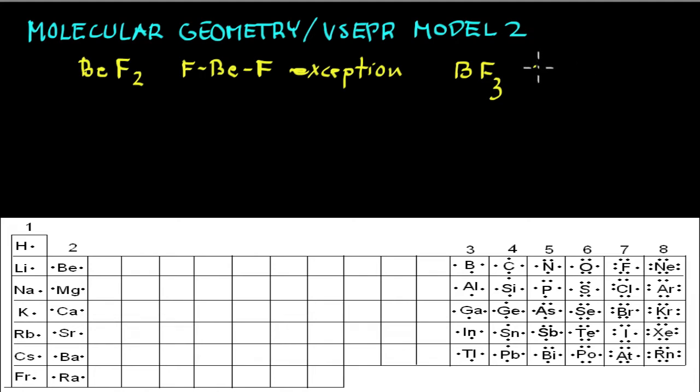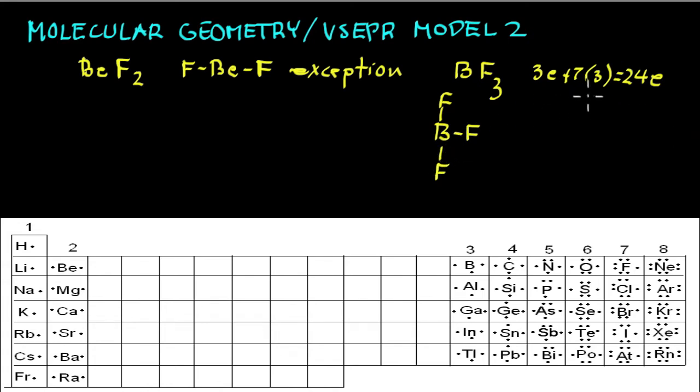It has 3 valence electrons. Each fluorine has 7. There are 3. That's a total of 24 electrons. So boron, in terms of a Lewis structure, remember we just go 90 degrees here, should have a minimum of 1 bond.